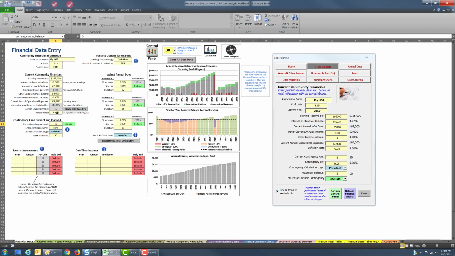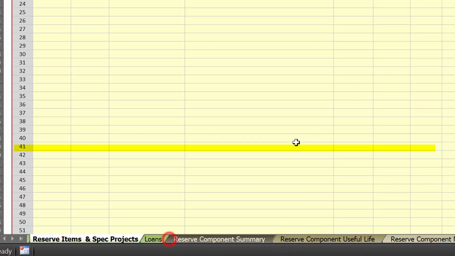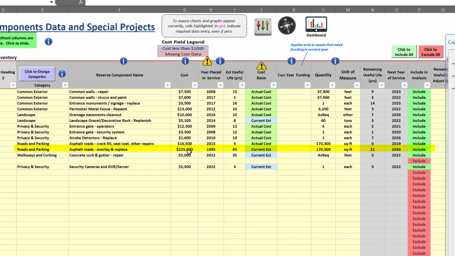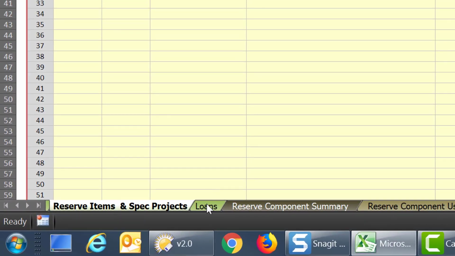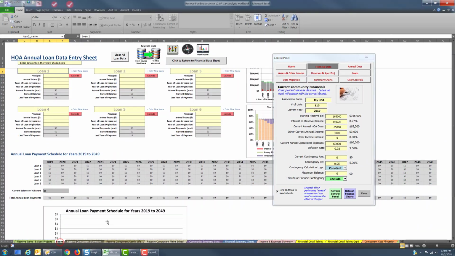Now, loans will give us an influx of cash, but obviously when we have an influx of cash, we're going to have to pay it back. But in this example that I'm using here, we've got a very significant expense occurring in 2040, which is in today's dollars $225,000, and in 2040 it would be higher. But what if we took out a loan in 2040 instead of trying to increase all of our annual dues?